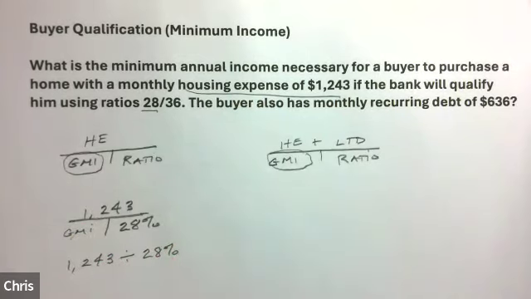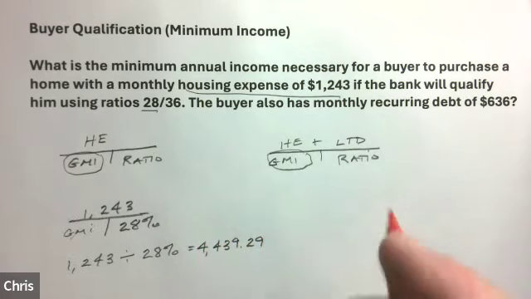And on the front end, typically just the one step is all you're going to need. So oops, I punched in the calculator wrong. 1243 divided by 0.28 tells me that he needs to make income of at least 4439.29 per month to qualify, but we haven't taken his debt into consideration yet.